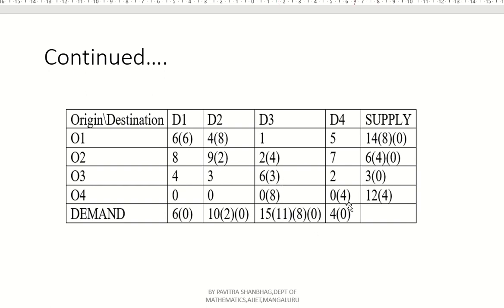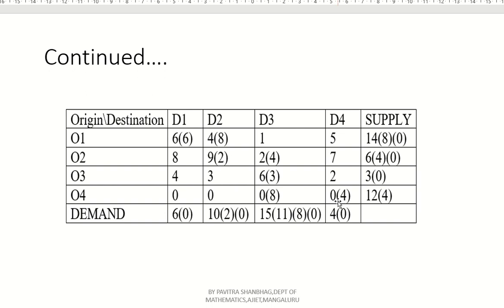Now minimum of 8 comma 12, assign here, that is 8. Now again there is no demand left, strike out this column, and then the remaining term is this only. At the same time 12 minus 8, 4 remains, here also 4 remains. Exactly the demand is equal to the supply, assign that value here. Therefore all 4 rows as well as 4 columns completely vanish.